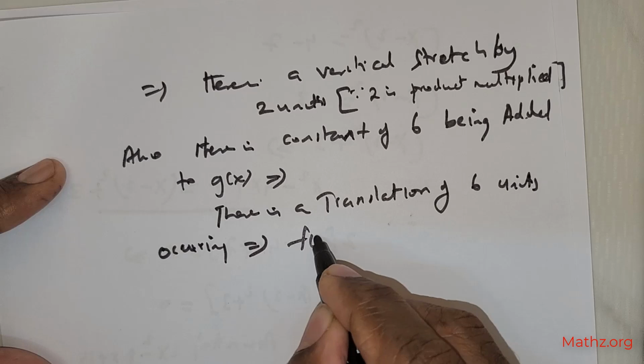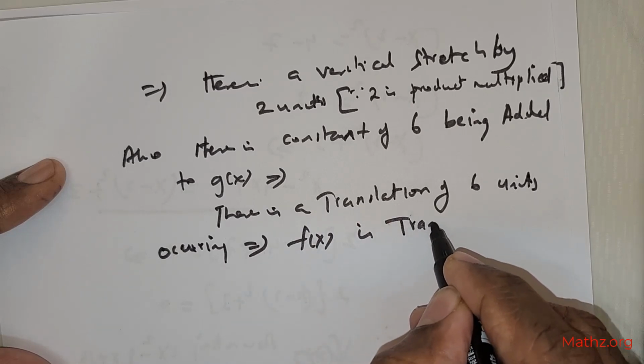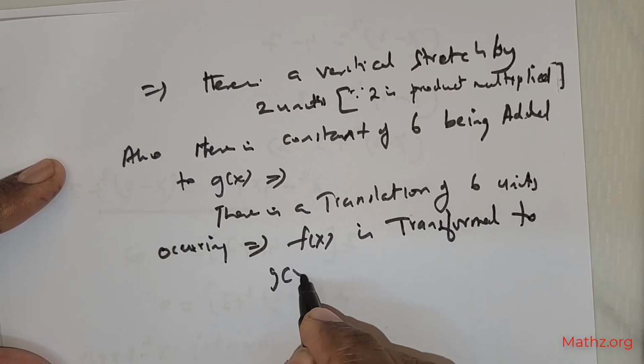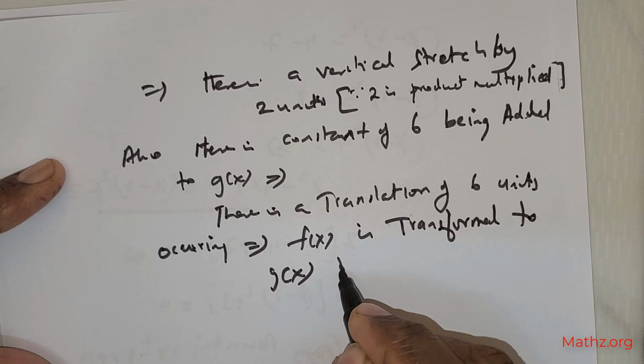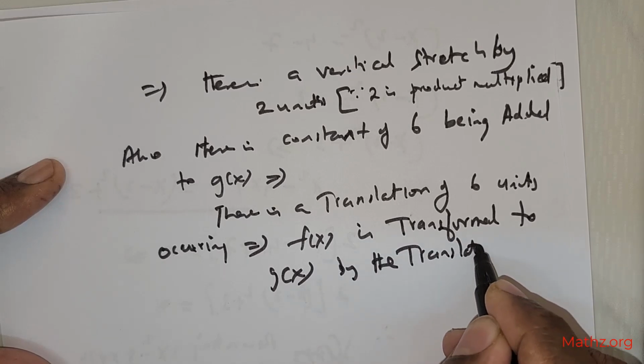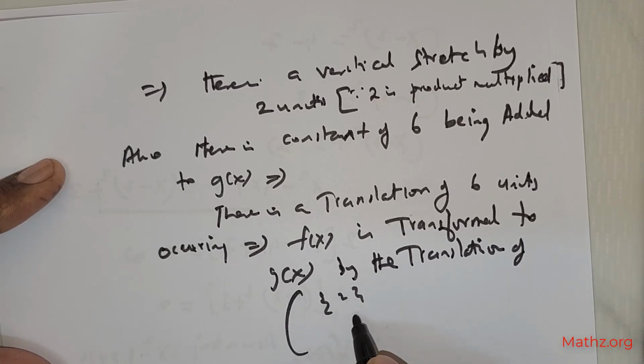This means f of x is transformed to g of x by the translation of 2 and 6. So that's a solution for this question.